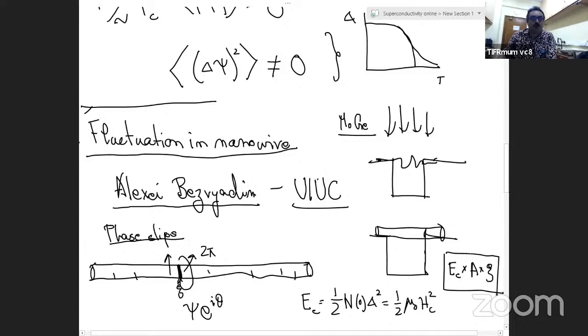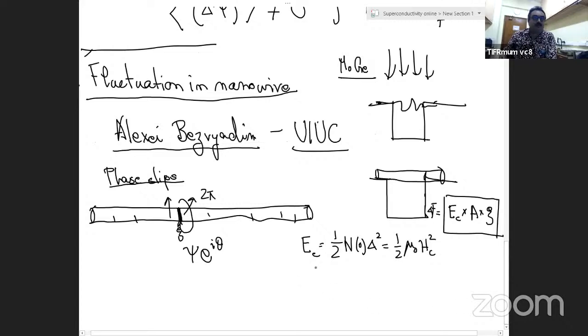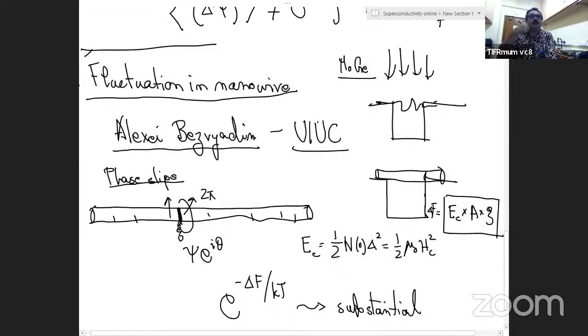So therefore, this will be the free energy increase, delta F if you want, required for driving this small segment normal. The probability of that will be e to the minus delta F by kT, and therefore only when this is substantial will you have any significant phase slip.